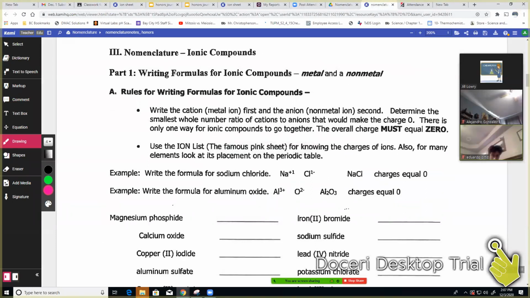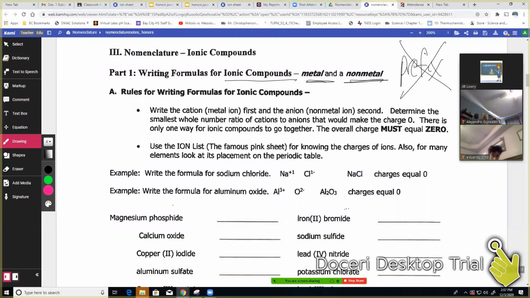Those are the easiest. There's another set of rules for ionic compounds, and then there's another set of rules for acids. So we're doing ionic compounds, which remember is a metal plus a non-metal. There we will not be using prefixes. Those are only for covalent compounds. In our notes at the top, at the first sheet.